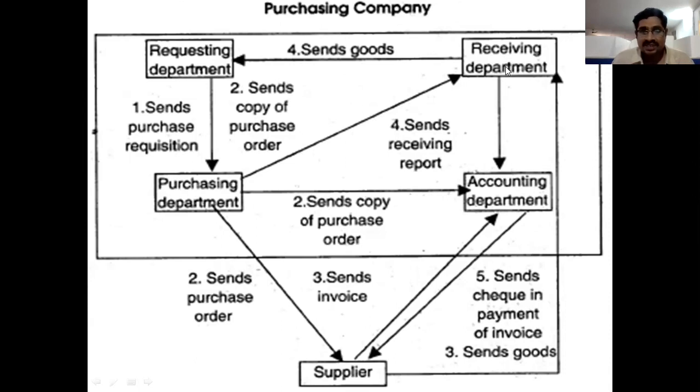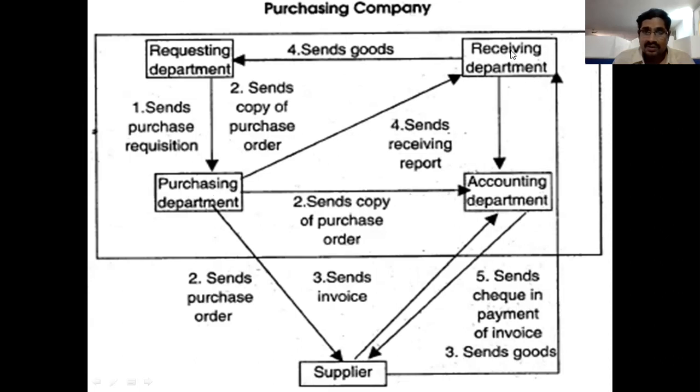Accounts department means the financial department, and receiving department means requisition receiving. So send a copy of the purchase order to the accounts or financial department. After that, the supplier, after getting the order from the purchase department, will send goods to the godown.